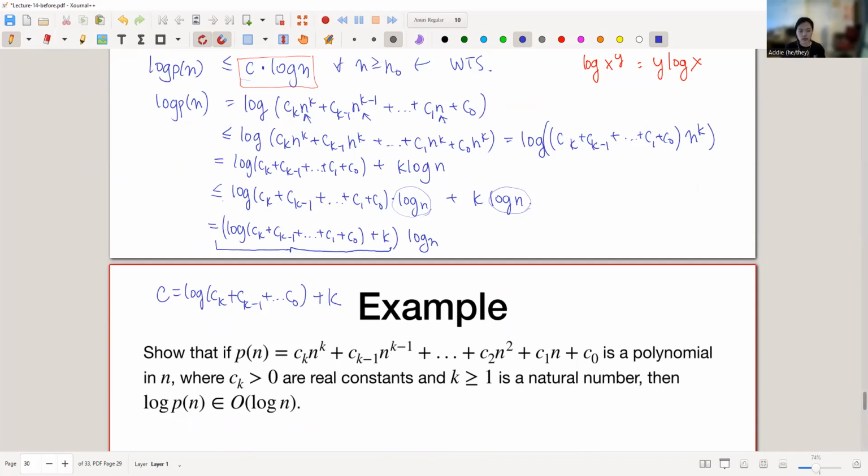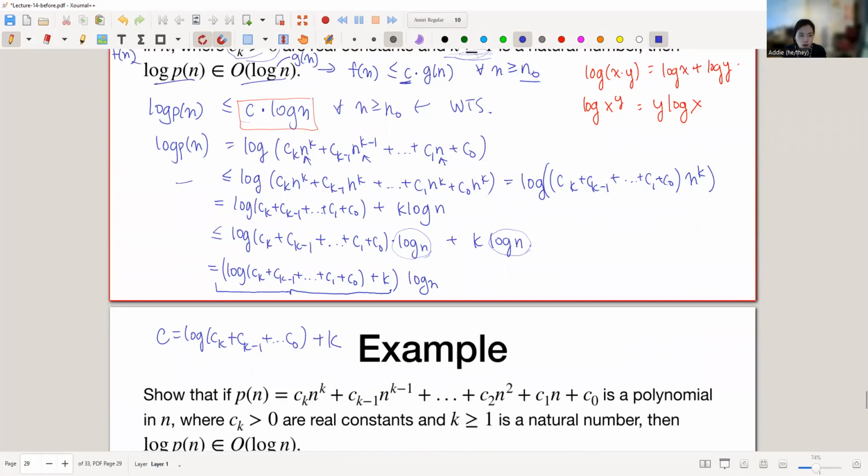And we just need to see when the inequalities that we have up here are going to hold.